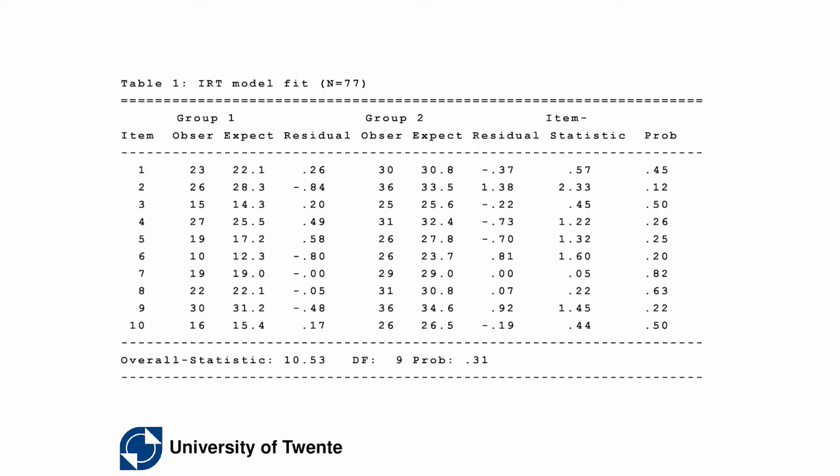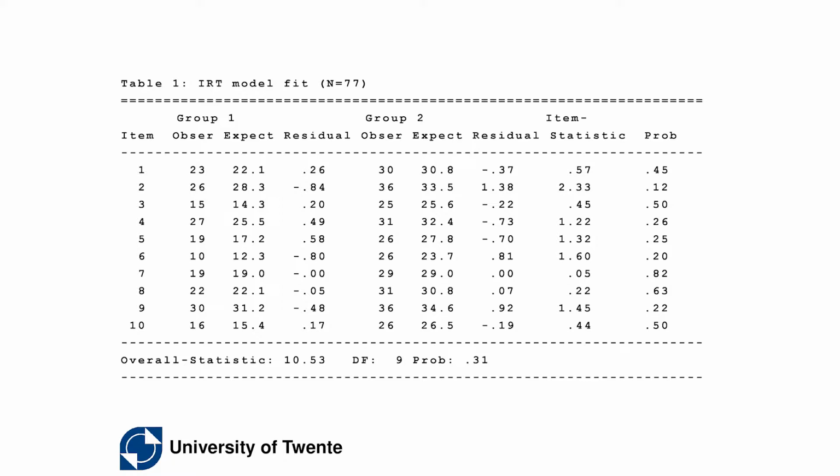And what you see then is, under expected, let's start with observed. For item 10, for, say, group 1, which is the girls, there are 16 correct responses. And the IRT model predicts 15.4. So the IRT model is very close. And then what you see here is a residual, so that's some kind of weighted difference between the two. If these two are close, the model fits, and if they are very far apart, then it doesn't fit.